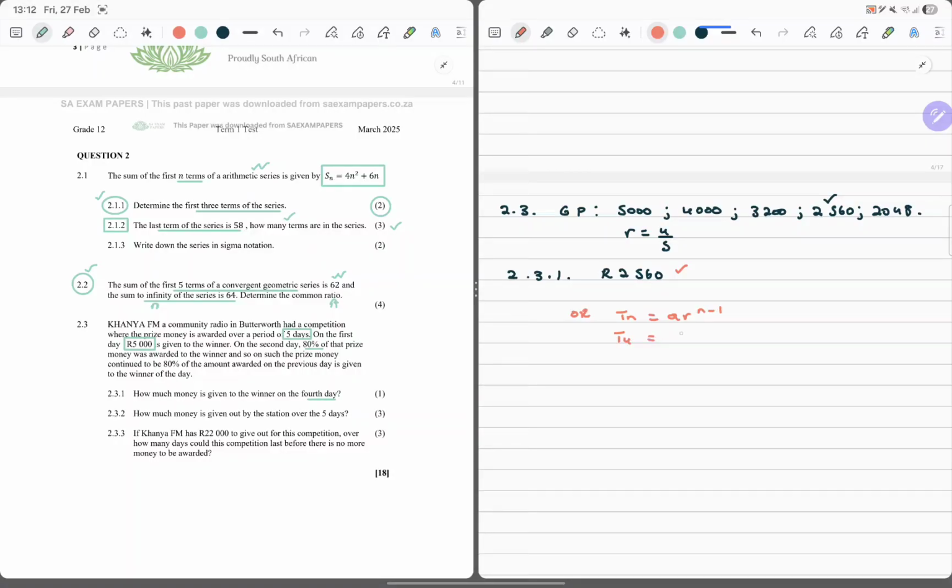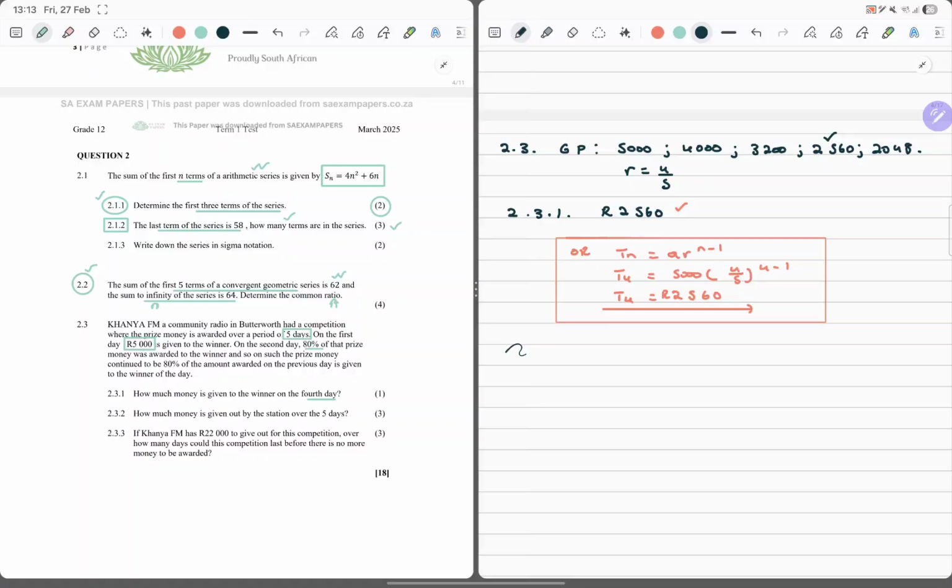Now we can say T4 is going to be 5,000 times 4 over 5 to the 4 minus 1, which is 5,000 into 4 over 5 cubed. It's R2,560. That's another way of doing this. And of course, you're just getting 1 mark, so don't panic.